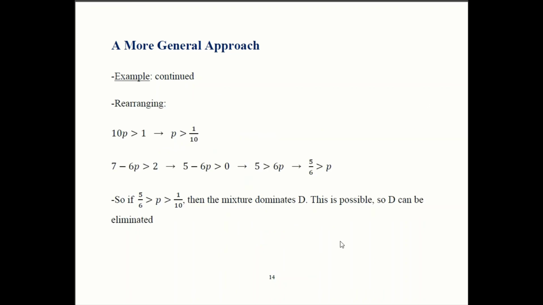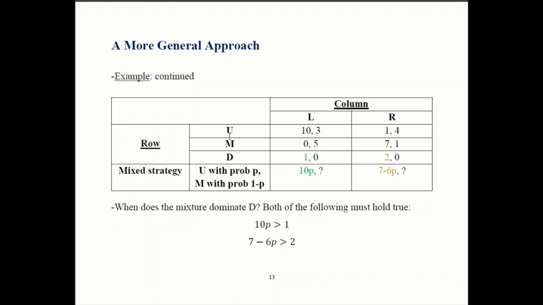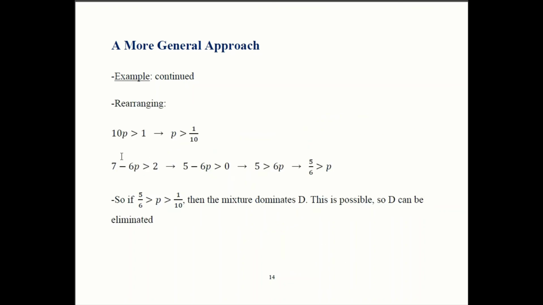Let's do some rearranging. If I have 10p greater than 1, I can just divide both sides by 10. And that's saying that I have to have p bigger than 1/10. The other part is that I had to have 7 minus 6p greater than 2. I can also rearrange that.